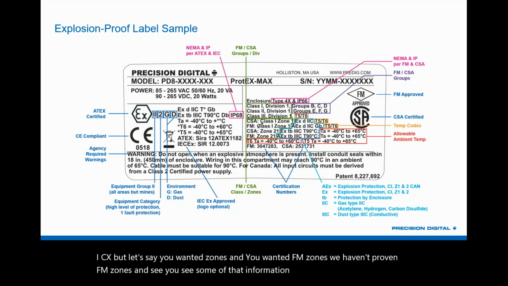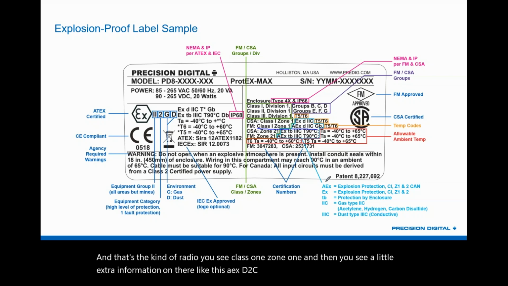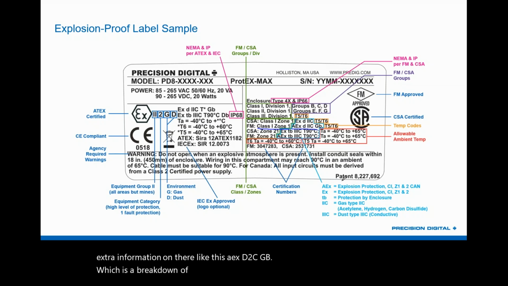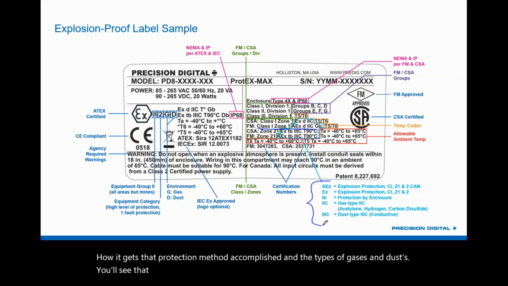And that's the kind of rating where you see class 1, zone 1, and then you see a little extra information on there, like this AEx d 2 C Gb, which is a breakdown of the enclosure, or the protection method rather, combined with the zones, how it gets that protection method accomplished, and the types of gases and dusts. You'll see that all translated down here, where if I wanted zones, we've got all that information on the label as well.